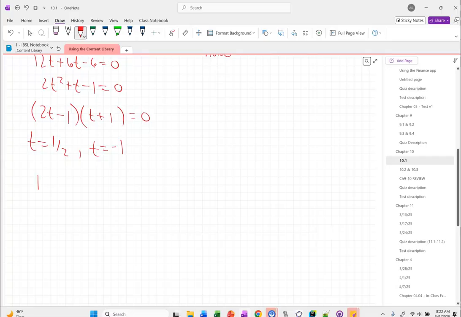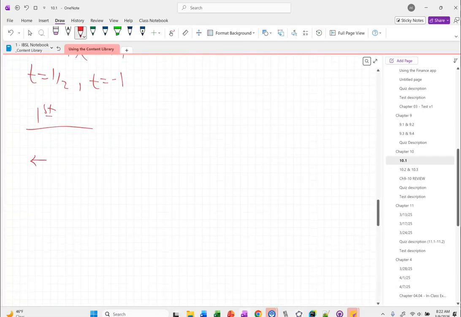All right, so if I do this as a first derivative test, make a number line, have my critical values. Now here I have to be a little bit careful because I need to make sure the t's that I'm picking are inside the domain.